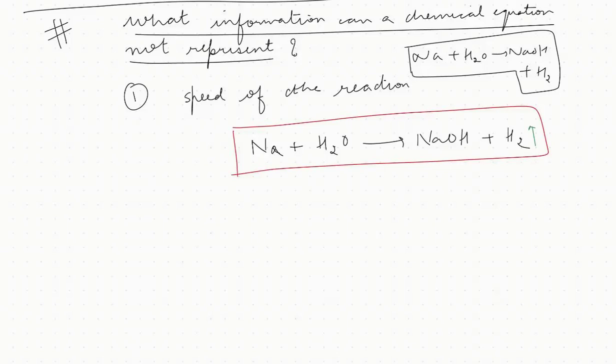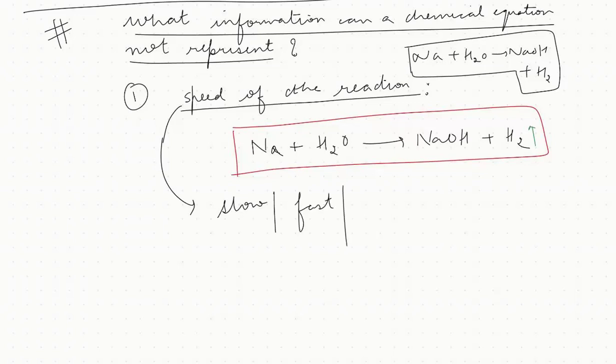So, I have one more doubt. What are all the information that a chemical equation cannot represent? Is it only the speed of the reaction? One more thing I'm coming to. So it is the speed of the reaction, right? That means whether the reaction is slow or fast or explosive, we do not know.